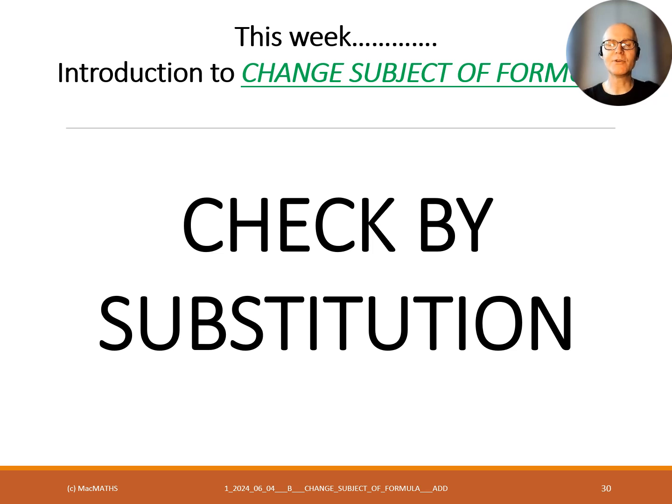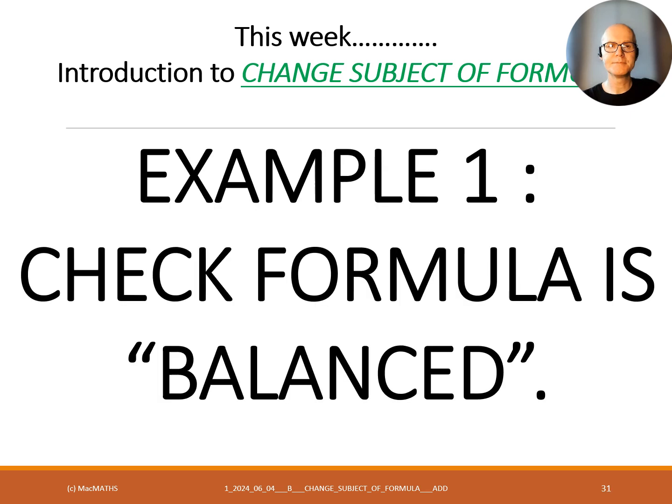Let's check that that's correct by substitution. Let's check that the formula is balanced. If the formula is balanced, the same answer on both sides, we know we have done it correctly.